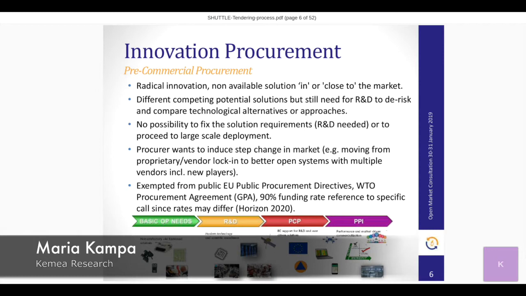Different competing potential solutions exist, but still there is a need for R&D to de-risk and compare technological alternatives or approaches. There's no possibility to fix the solution requirements. R&D is needed to proceed to large-scale deployment. The procurer wants to induce a step change in the market, and PCP procurement is exempted from the EU public procurement directives and the WTO procurement agreement, and the funding rate is usually 90%.